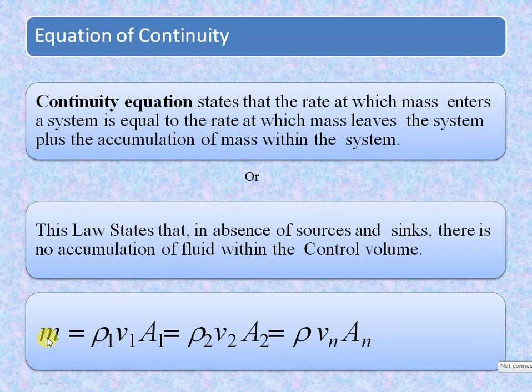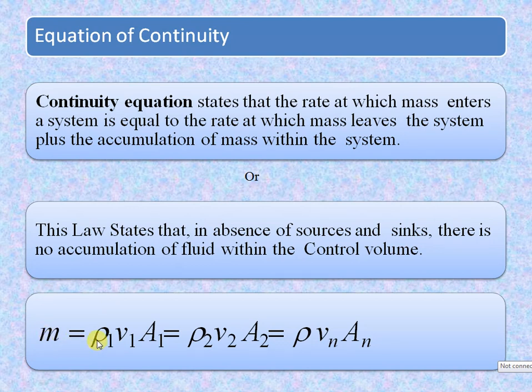The mass flow, m dot, is equal to rho v a, that is rho into q. Rho is the density of the fluid, v is the velocity, and a is the cross-section area. So at different sections, the mass flow rate remains the same.